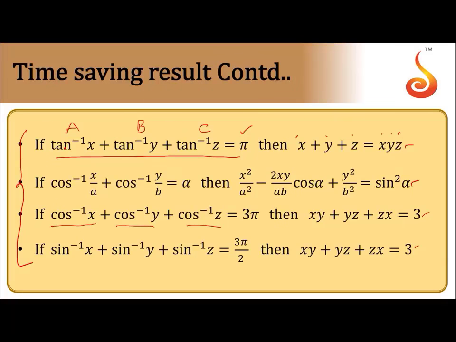Same way, if cos inverse x, cos inverse y, cos inverse z are each equal to pi, cos inverse x equals pi means x is equal to minus 1, y is minus 1, z is minus 1. But this product is 1. Similarly, for the other results, in the same lines, we could be able to remember them. We can proceed.